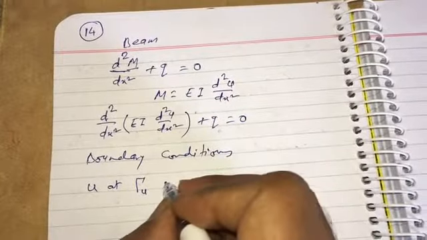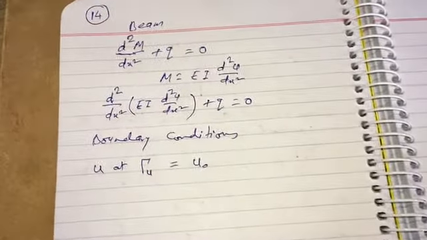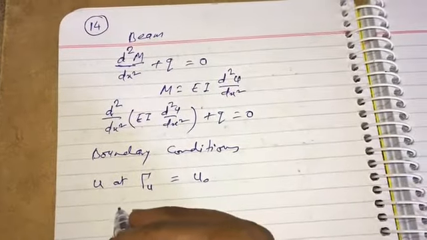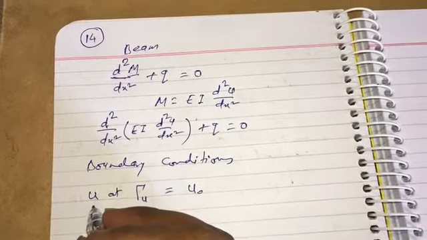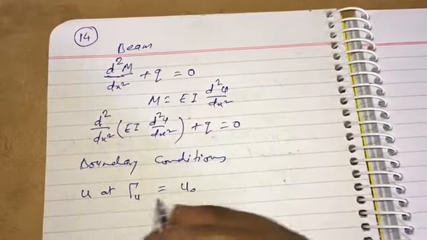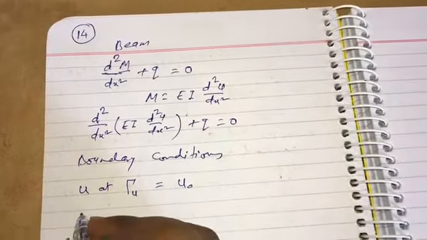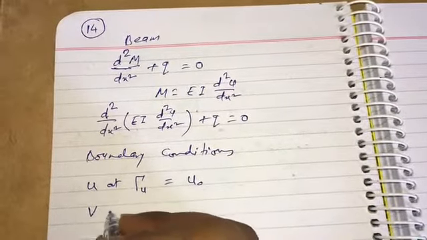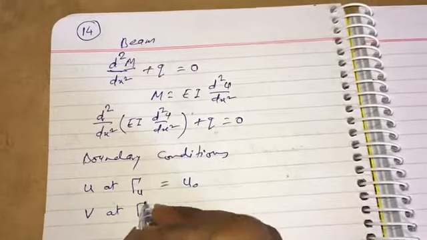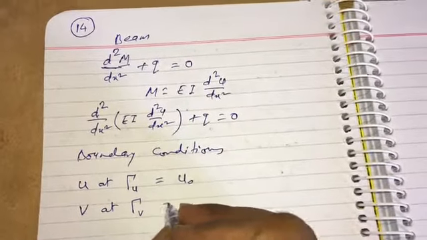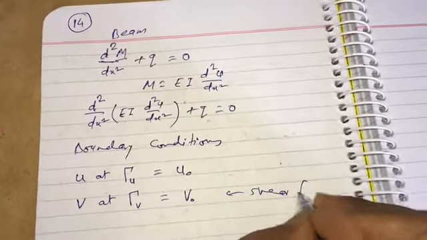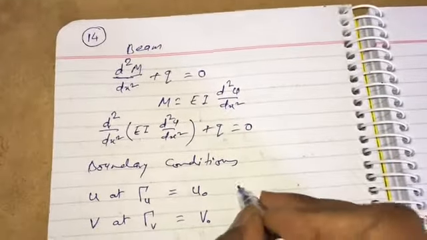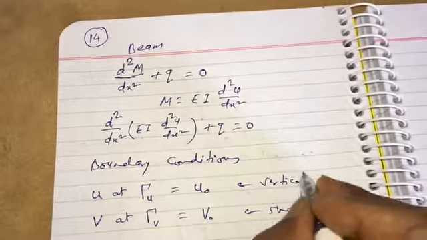Let us say this is u naught. Then there may be the corresponding forces, or V, shear force. So V at gamma V equals V naught. So shear force may also be given.